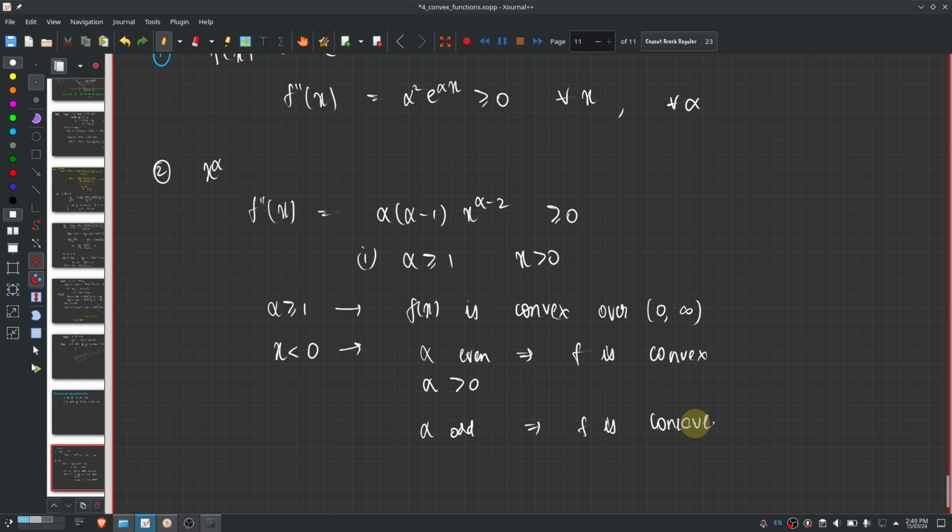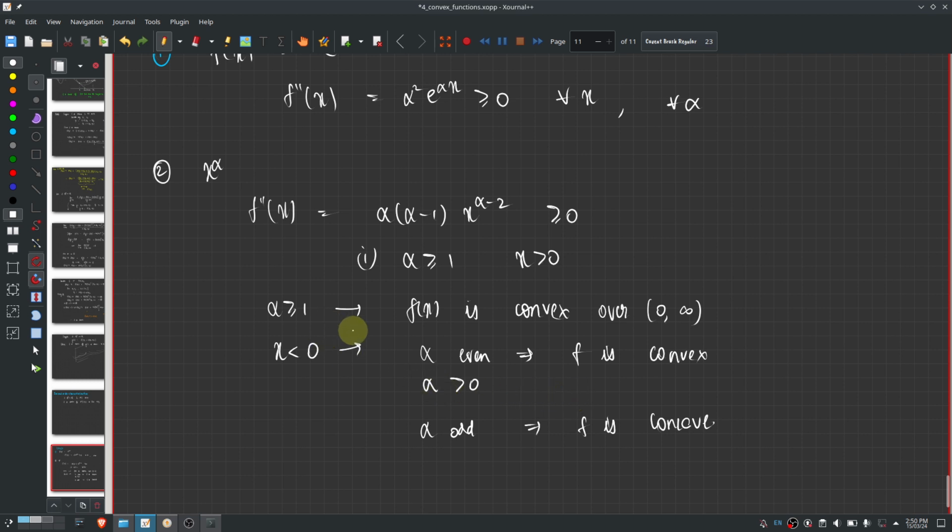Okay, so how do you define f of x for which one? Correct. If alpha is just greater than 0, then this quantity would be negative, right? Exactly. That's why I wanted to consider that separately.